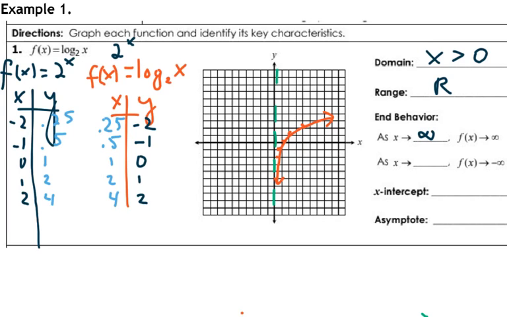When x is approaching 0, then f of x is approaching negative infinity on this end. The x-intercept is (1, 0) on the graph, it's right there. And its asymptote is x equals 0, this vertical line.